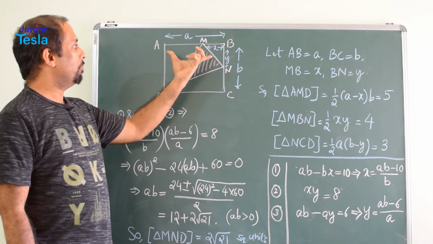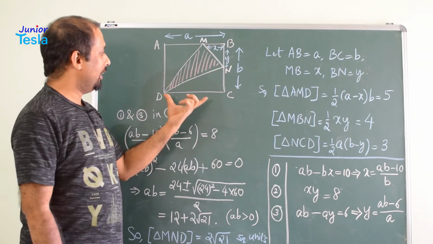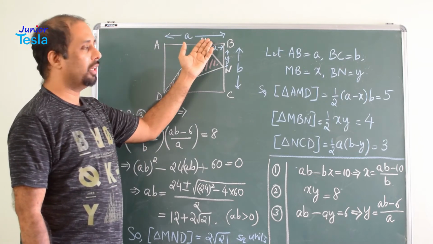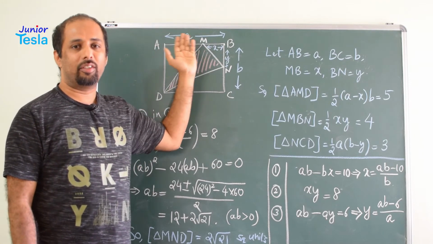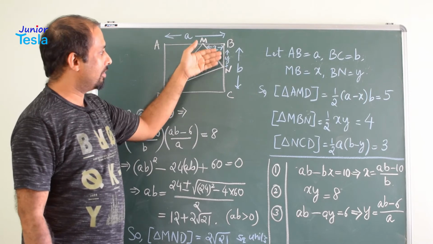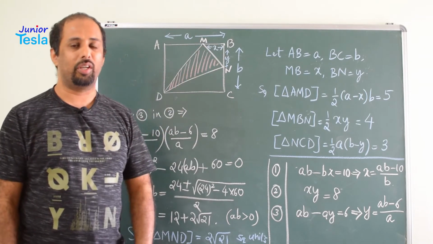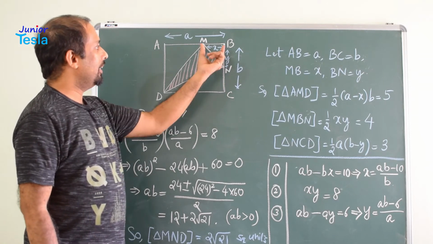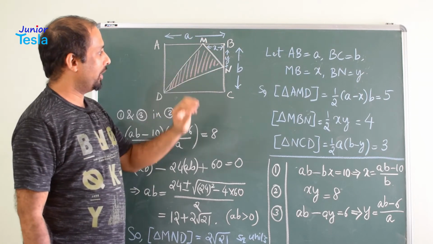In the place of AB or CD, that is the length of the rectangle, I write it as a. So small a is the length of the rectangle. Similarly, small b is the width of the rectangle. So AB equals a, BC equals b. Then I have taken MB as x and BN as y.